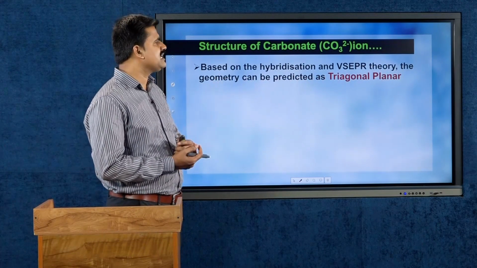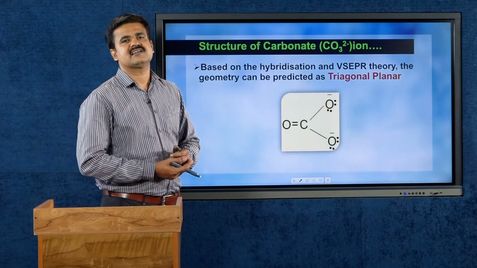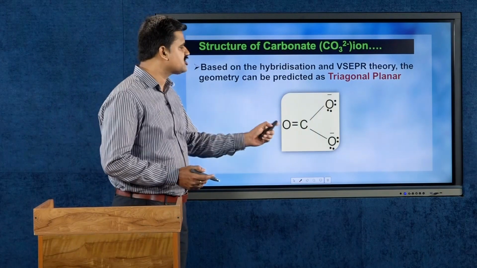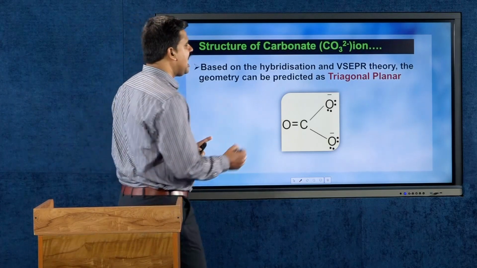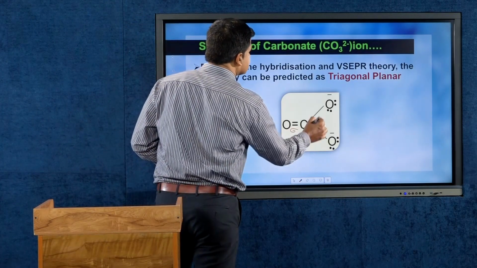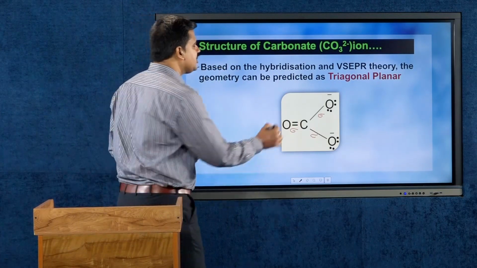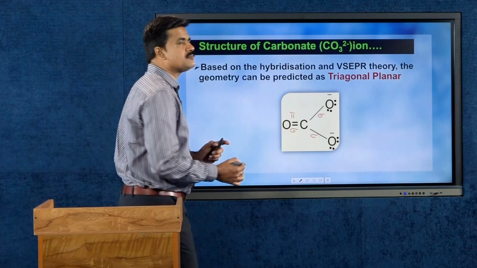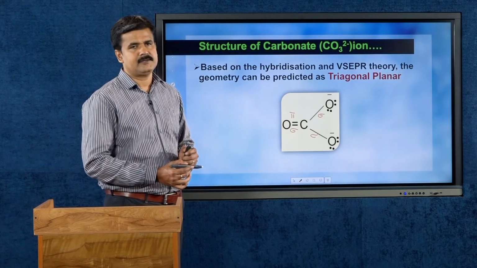Based on the hybridization and VSEPR theory, the geometry can be predicted as trigonal planar. I already mentioned that in the carbonate ion, there are a total of 4 bonds, out of which 3 are sigma bonds, which are formed from 3 sp2 hybrid orbitals, and 1 is a pi bond, which is produced from the unhybridized p orbital present on the carbon.